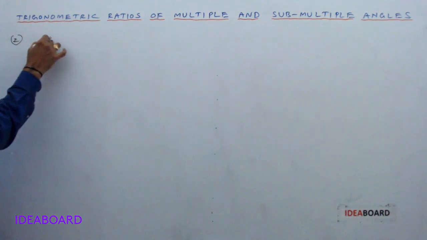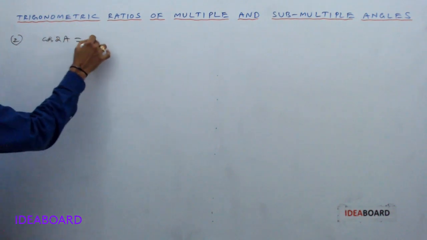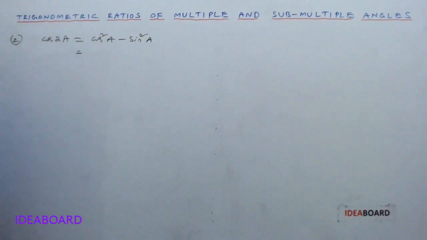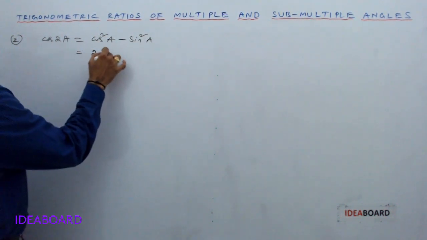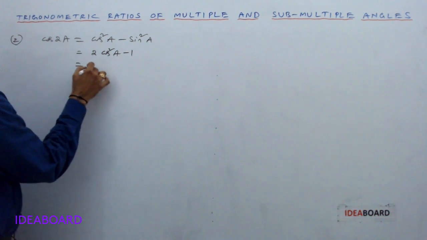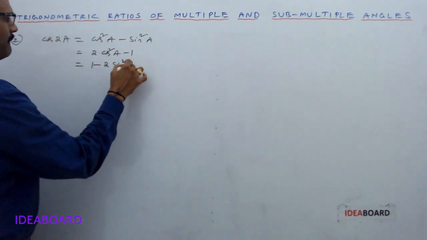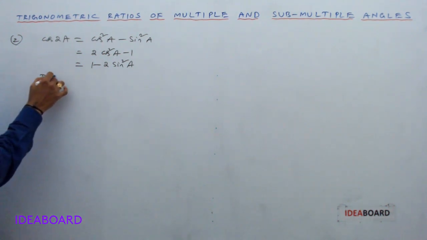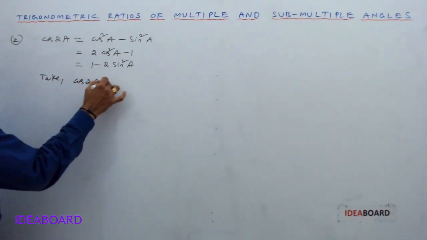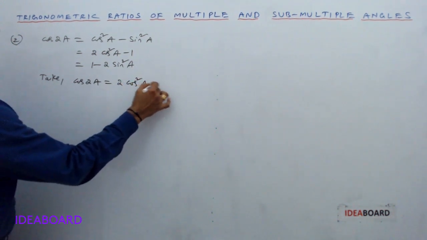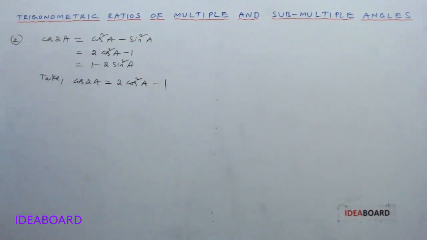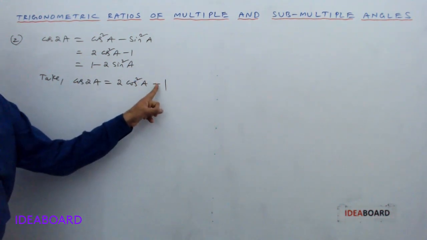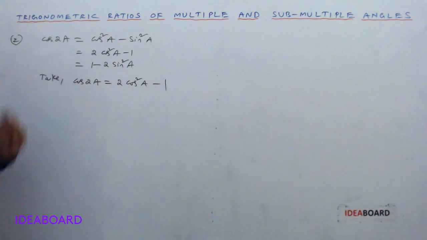So the formula for cos 2A is cos square A minus sin square A. One more is 2 cos square A minus 1 and one more is 1 minus 2 sin square A. Take cos 2A equal to 2 cos square A minus 1. Then it implies, write minus 1 from RHS to LHS.